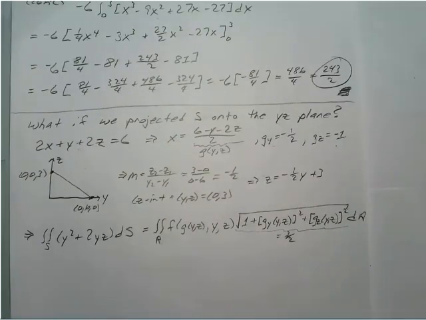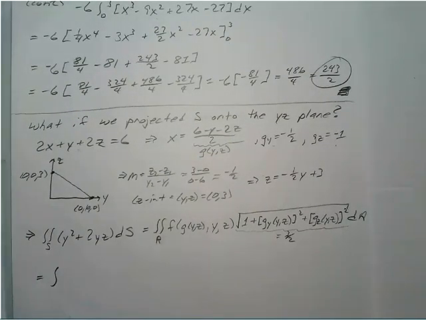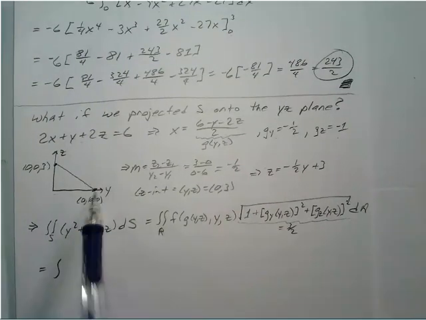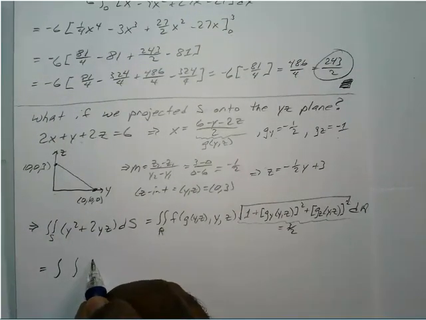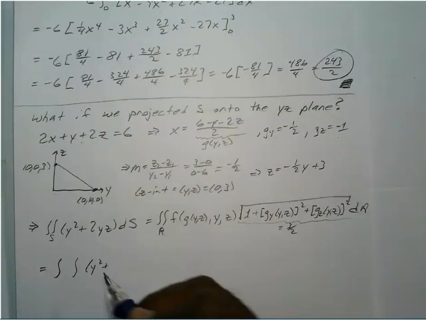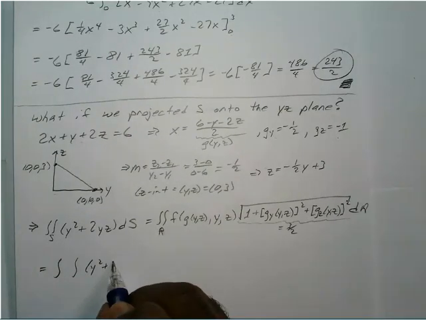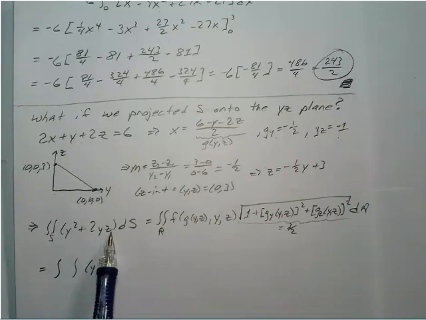We're going to skip ahead on this one a little bit, since the steps are pretty much the same. So that gives us, remember, y goes from 0 to 6, but we're going to put that down first. First you have y squared plus 2yz.